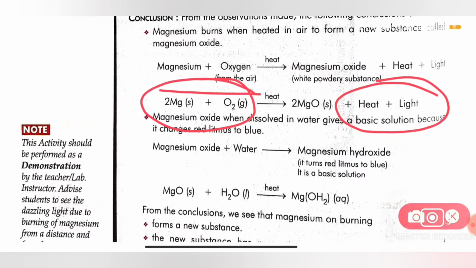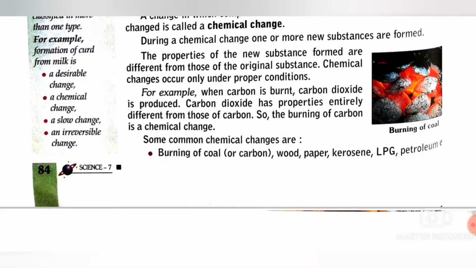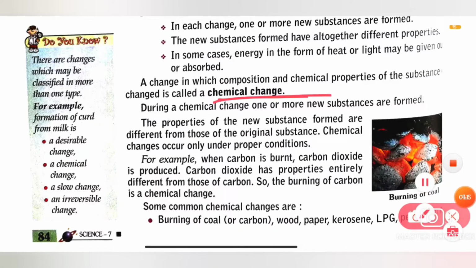Here we had magnesium and oxygen and it is completely changed into another substance which is magnesium oxide, and both of them are quite different. Their chemical properties are different, their composition is different. So in this case new substances are forming and that is called chemical change.